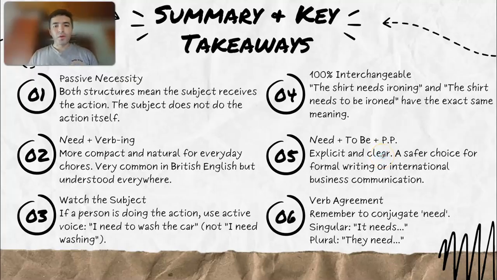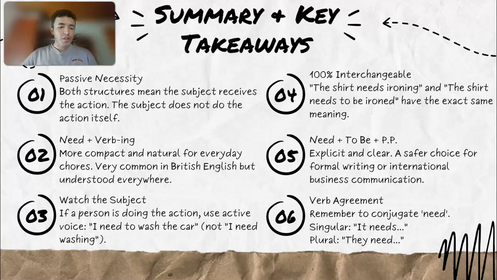Summary and key takeaways. Number one, passive necessity. Both structures mean the subject receives the action. The subject does not do the action itself. Number two, need plus verb-ing is more compact and natural for everyday chores. Very common in British English, but understood everywhere, okay?